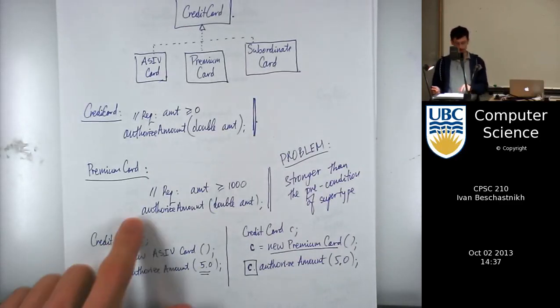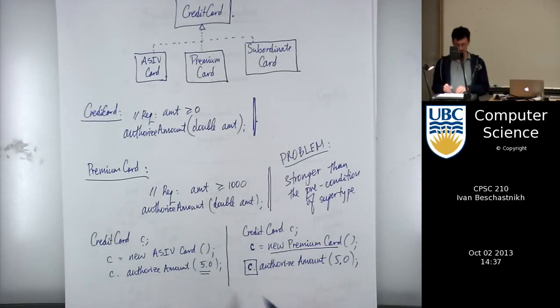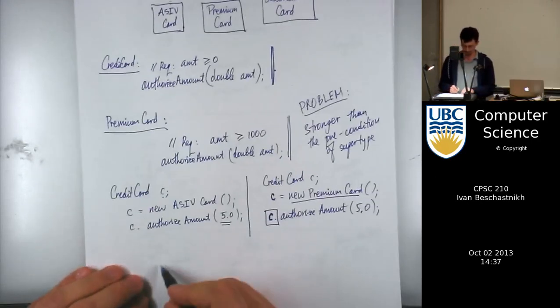I can't think of this as a card, because according to C, the parent type, it is legal to do this. But for my premium card, it is not. Okay? So this is the problem with the precondition, where the precondition that I gave you is stronger than the precondition for the supertype.